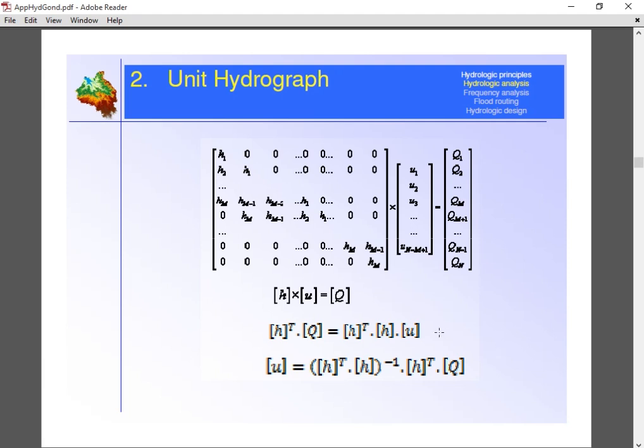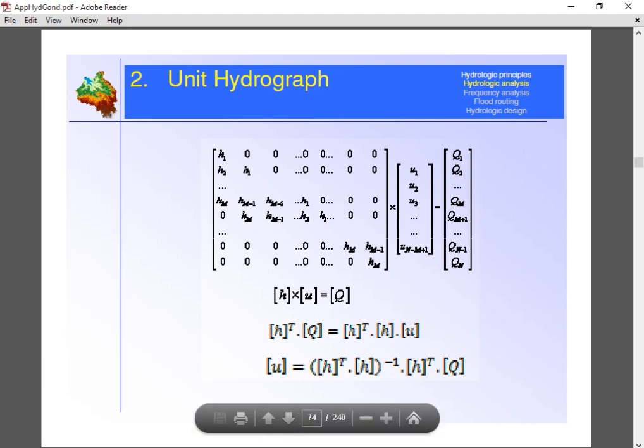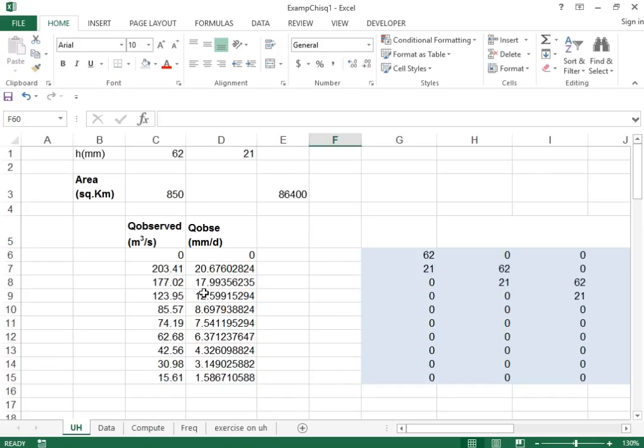Okay, so having this, let us see one example. And we have these precipitation values. This one is H1, and this is H2.